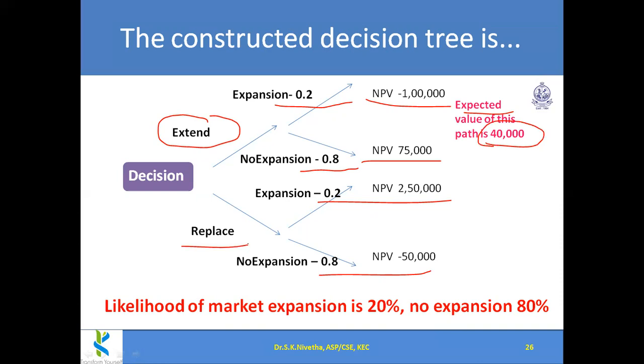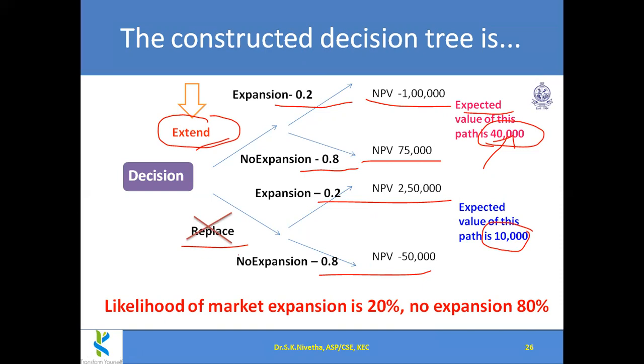For replacing the software, the expected value is 10,000. So obviously we will go for keeping the existing software, simply doing some modification and keeping it. So the decision taken is extending the software, do not replace it now.